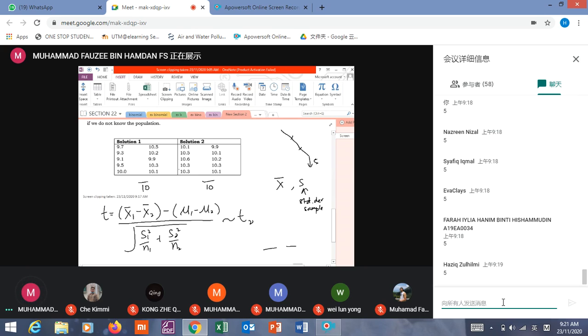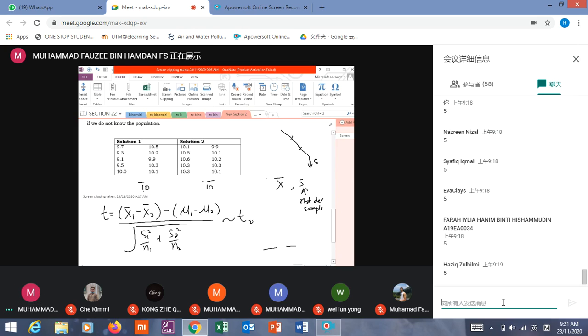Now if you don't know how to key in the data to get x bar and s by using your calculator, then you need to calculate manually, for both groups.